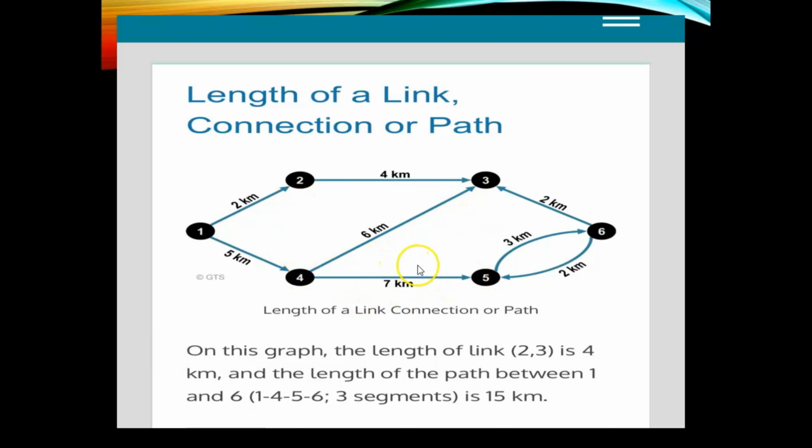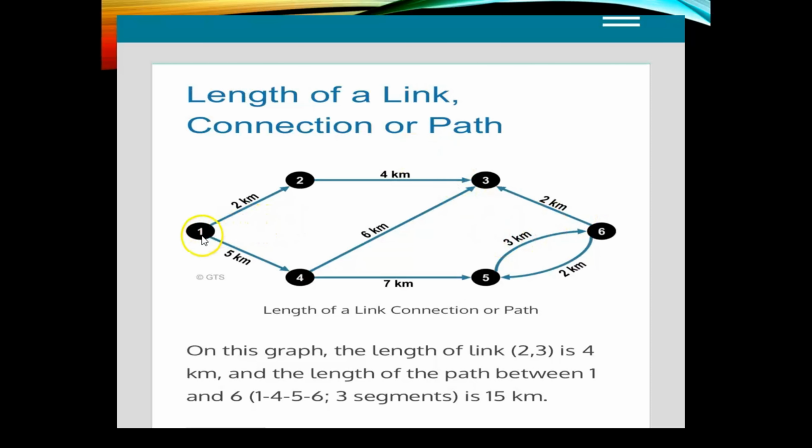If I want to move from point 1 to point 6, it is very important for me to know the sequence of the movement. So consider which one will give me a lesser kilometer. If it's a lesser kilometer, the travel time will also be lesser.